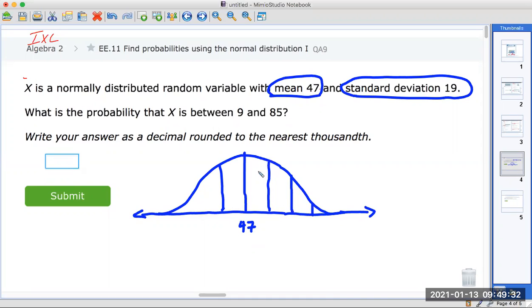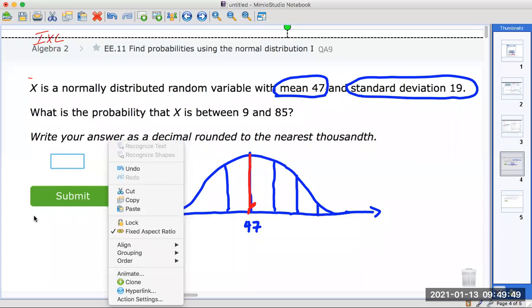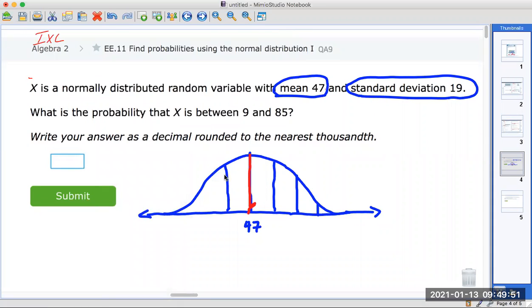So this is your first, second, third. So I'm going to make a different color for this so you see it. Sorry about my marker. So 3 standard deviations in each direction. First, second, third, first, second, third. So you can always kind of draw yourself this picture.